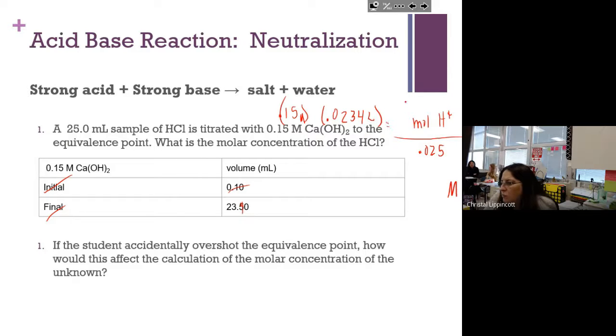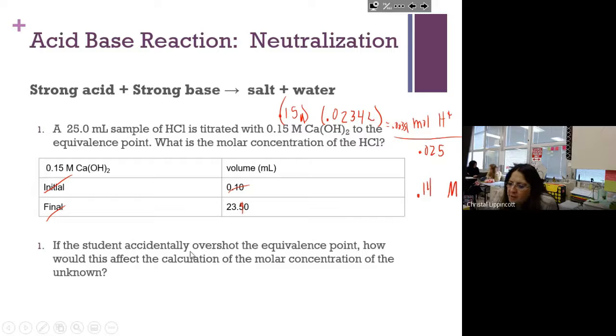That's going to give you your moles of H plus. So 0.15 times 0.0234. That's 0.00351. And then I'm going to divide this by 0.025. And that gives me a 0.14 molar concentration.